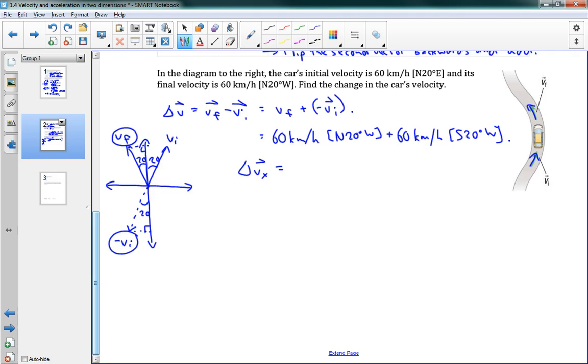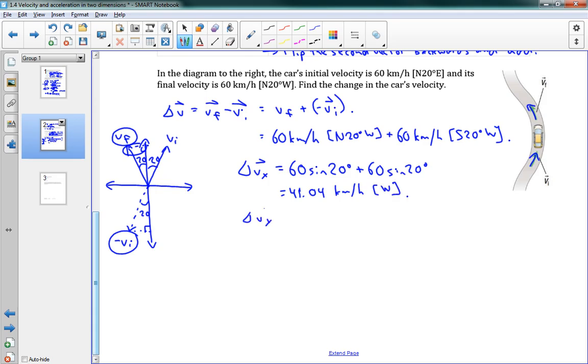The x component here for this first piece is negative, so I'm going to say it's positive in the west direction. So this is going to be 60 sine 20 degrees. And the second one is in the same direction, so 60 sine 20 degrees. That gives me an answer of 41.04 kilometers per hour in the west direction.